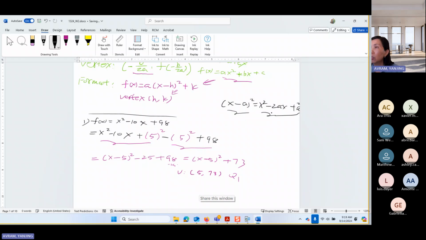That's why when we add to the middle one, we add half of 10 and then square. That way you will find the a. So this will be your a in here. Any questions about this one?